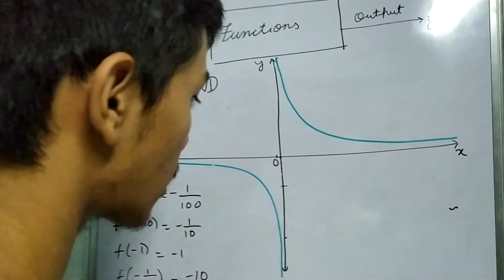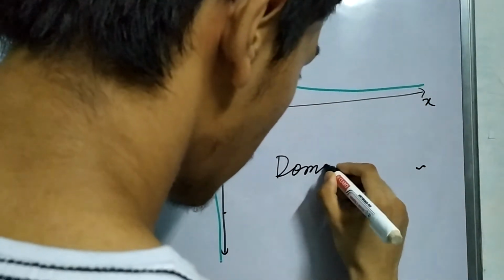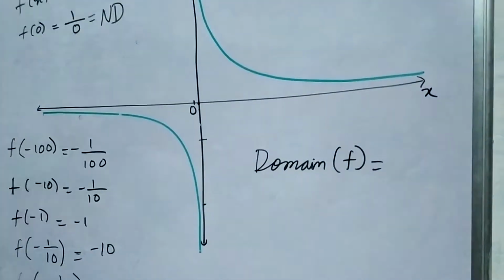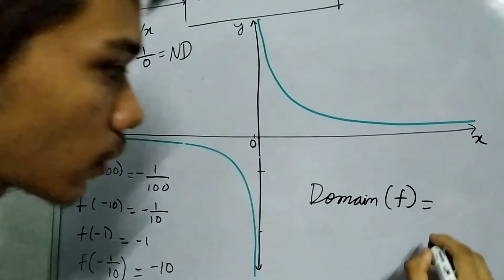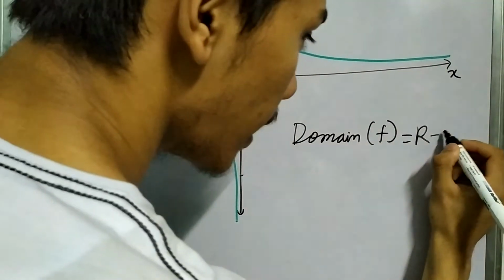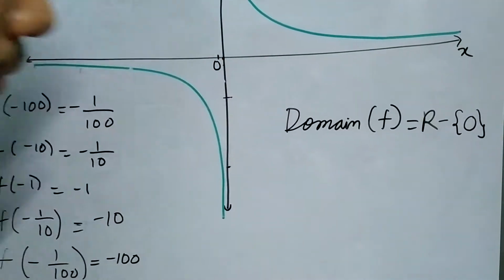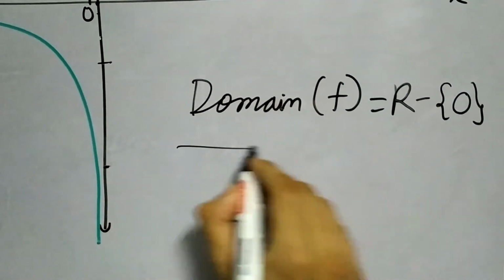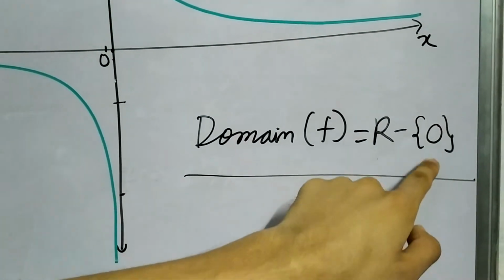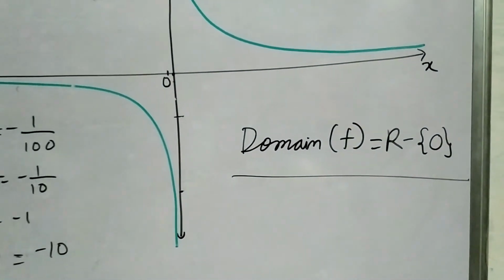Now in this case, the domain of f is all the real numbers, R, that's the set of all real numbers, minus 0. This means you can put any value of x you like, but it should not be 0.